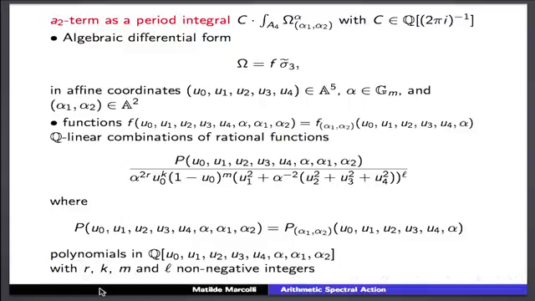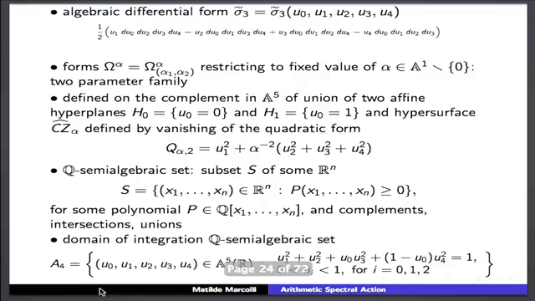So it's an algebraic differential form defined on the complement of where this denominator vanishes. Moreover, the integrand is this simple algebraic differential form, and the locus where it's integrated is also determined by algebraic equations.